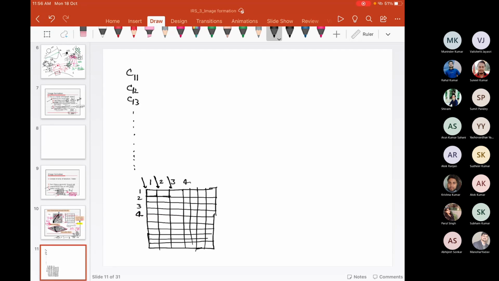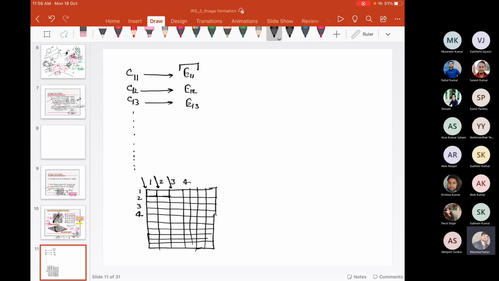For C11, the energy sensed is E11. Similarly, for C12, and these energies are sensed where? Anyone can respond.